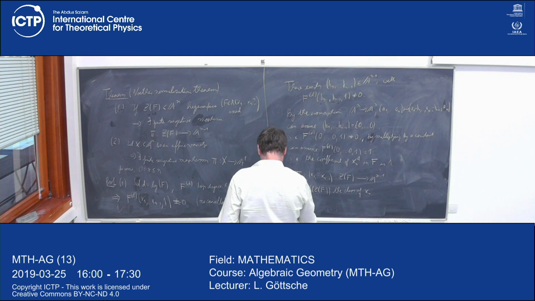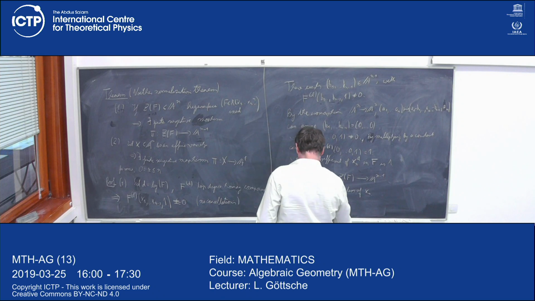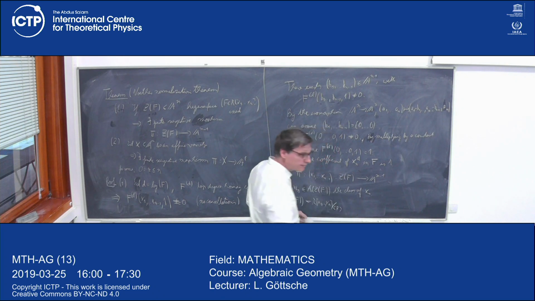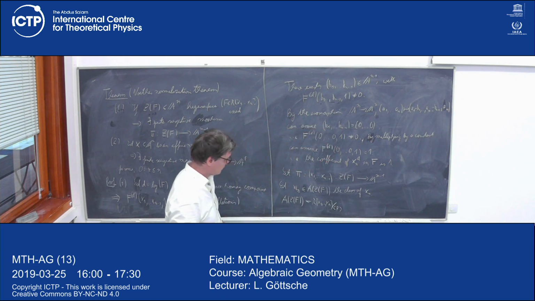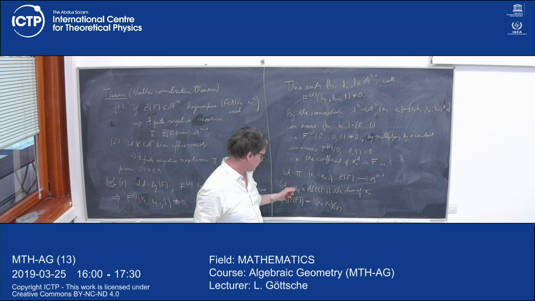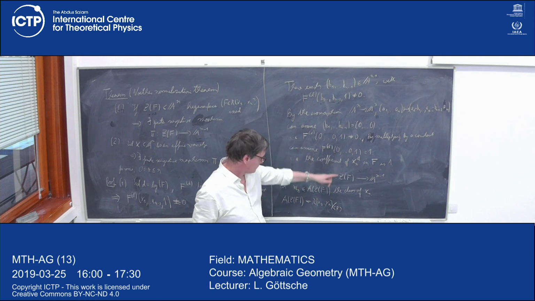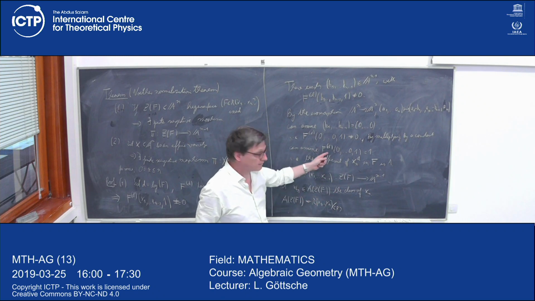We have A of Z(f) will be equal to k[x1 to xn] divided by the ideal generated by f. And so this just means we have the simple algebraic extension given by omega n, which satisfies this equation given by f.